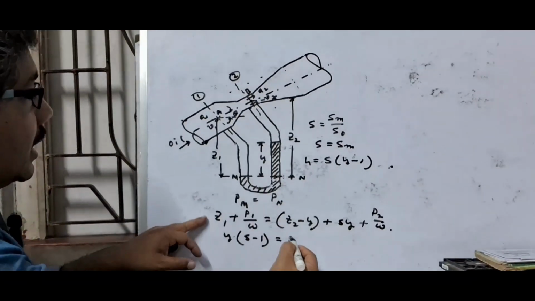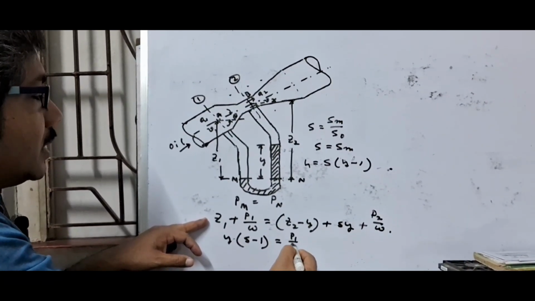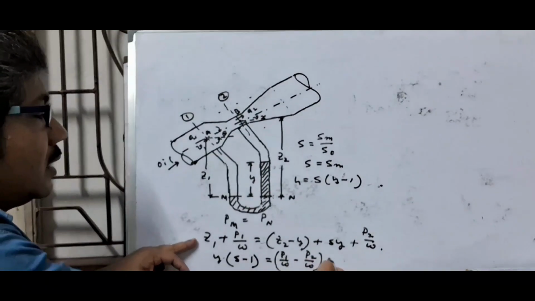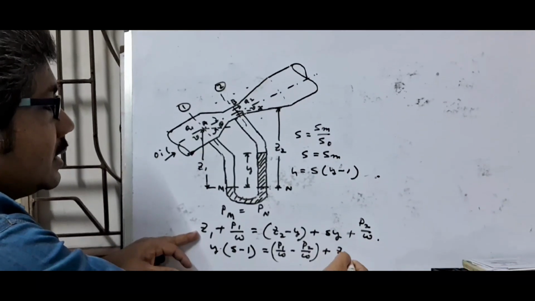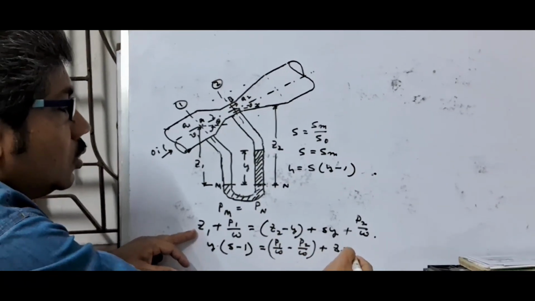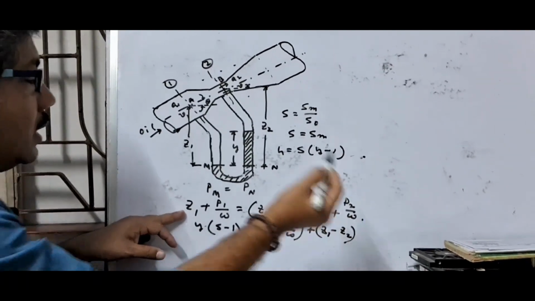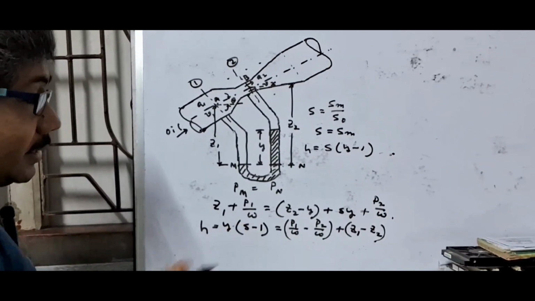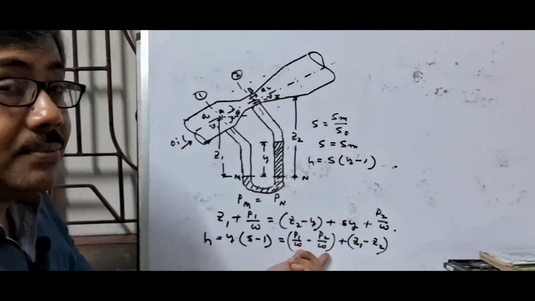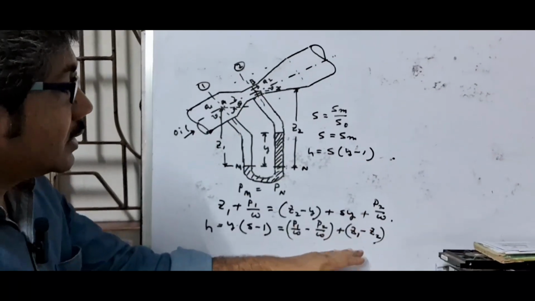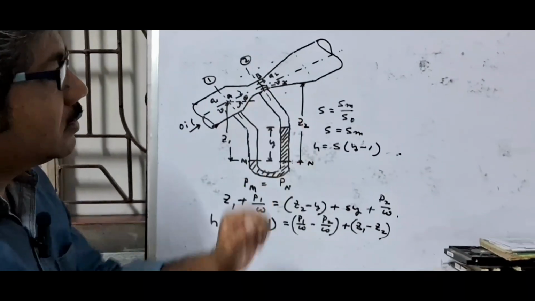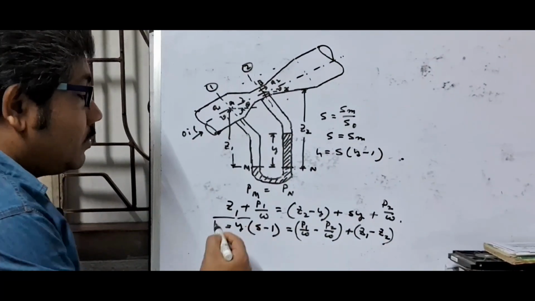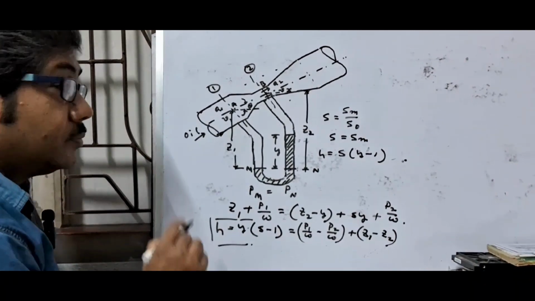This is equal to P1 by omega minus P2 by omega plus Z1 and Z2. That means here Venturi head H equals Y into S minus 1, that is equal to the pressure head difference between 1 and 2 section plus the potential head difference between 1 and 2 section. This is actually Venturi head for inclined Venturimeter.